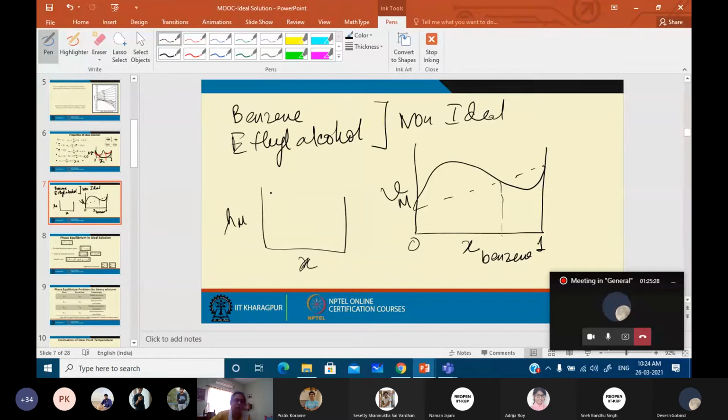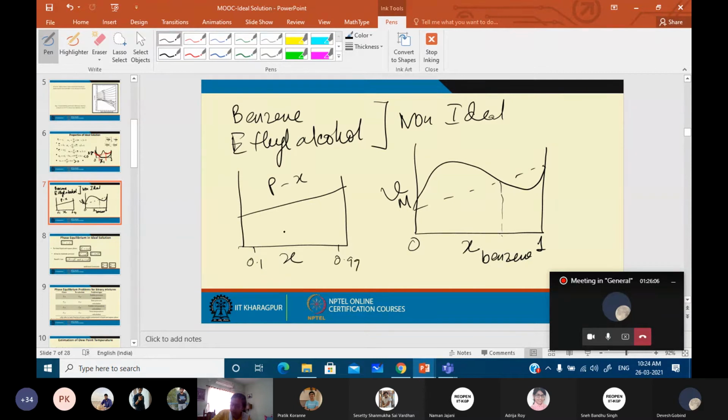And the most reliable test of ideality is that you simply mix these constituents in different compositions, generate different x1 data, and then for each x1 you measure the total pressure, and see for the entire range of composition, say from 0.1 to 0.99, more or less.